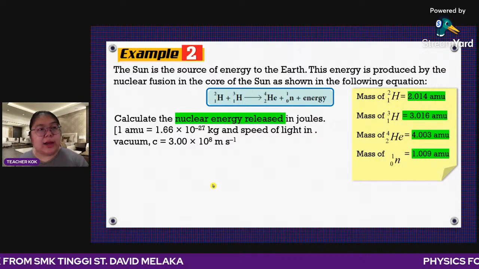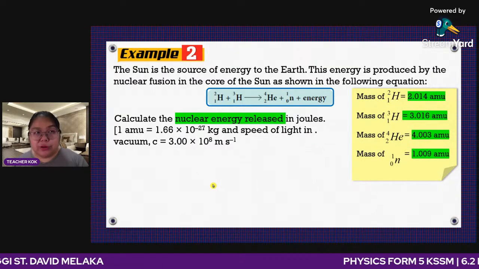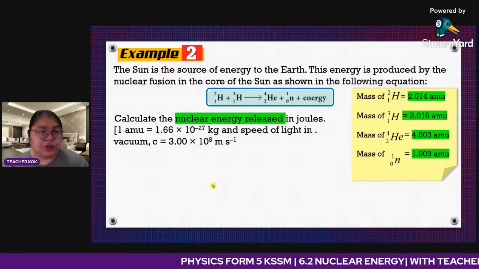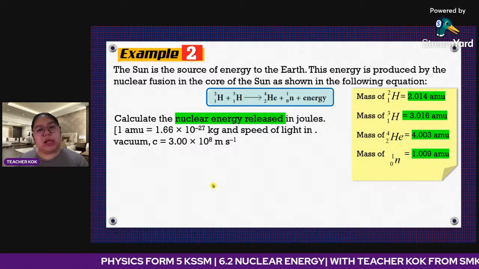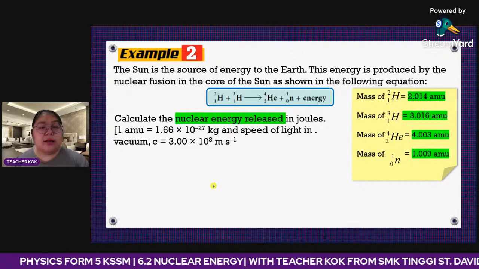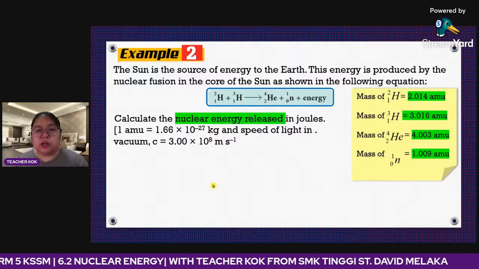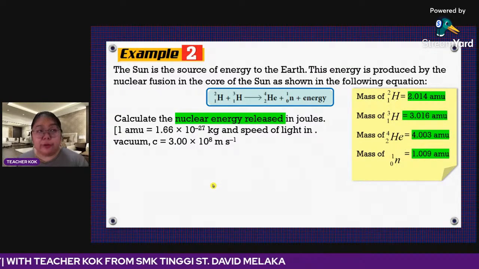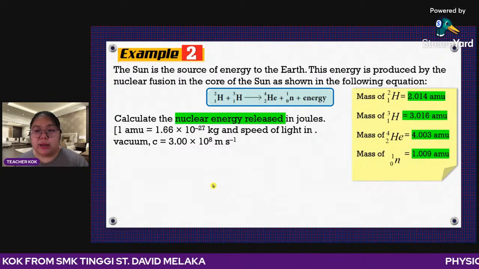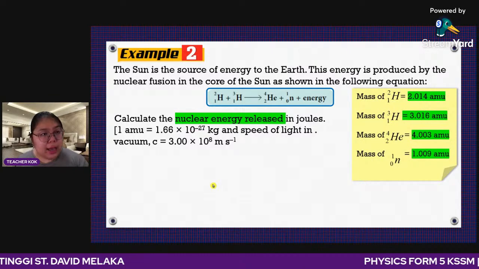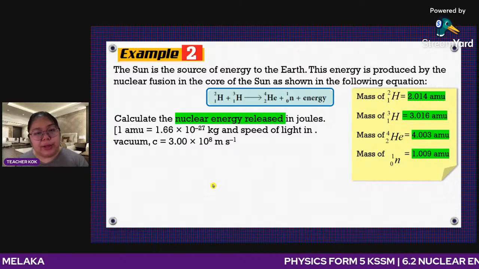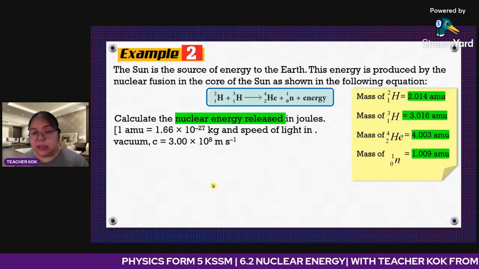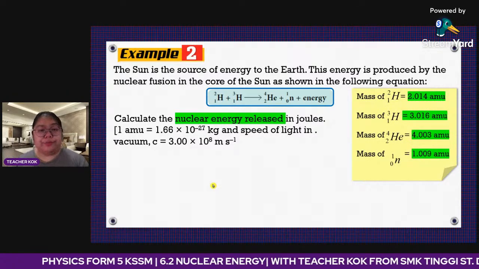Then the next one, you change it to kilograms for the mass defect. And the last one, you give me the energy. The first step, give me the mass defect in AMU for this nuclear fusion process. Then later you change it to kilograms, and the last one you convert with E equals mc squared.